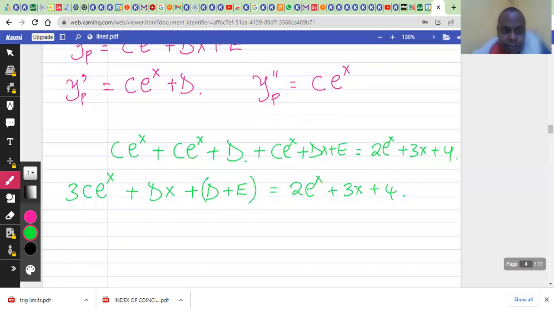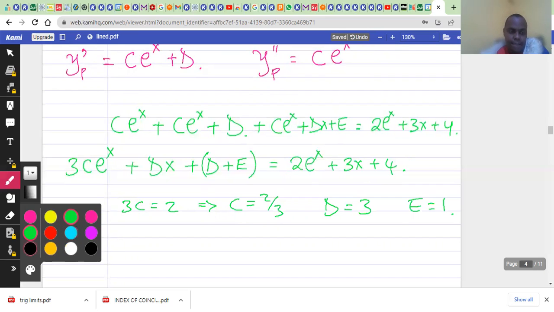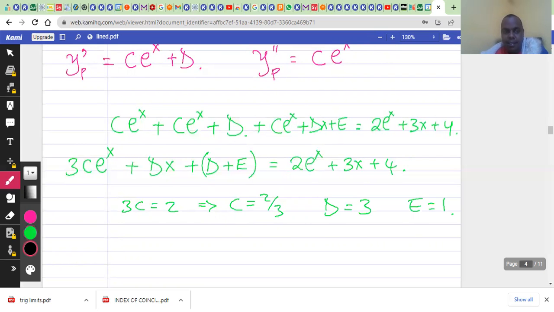So what does this mean? It means that 3C equals 2, so C is 2 thirds. D is 3. And E is 1. Yes, we got D plus E equals 4, D is 3, so that's fine.